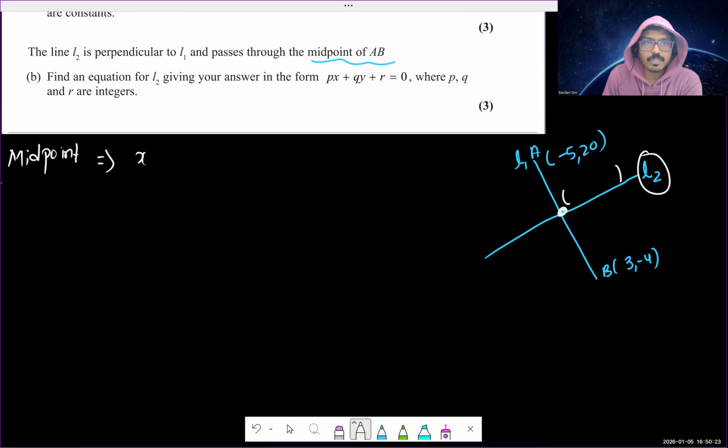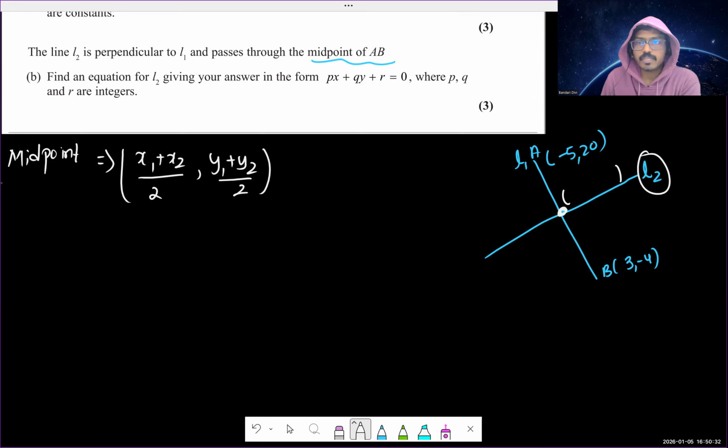The midpoint is (x1 plus x2 upon 2, y1 plus y2 upon 2). So we know our x1, y1 and x2, y2. What is our x1 value? That would be -5, plus what is our x2 value? It would be 3, over 2.